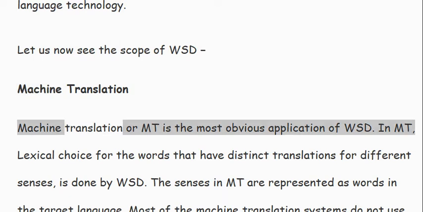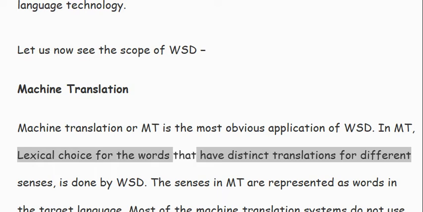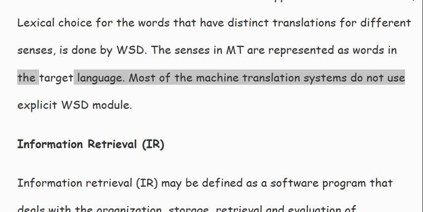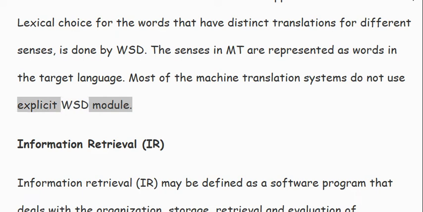Machine translation, or MT, is the most obvious application of WSD. In MT, lexical choice for the words that have distinct translations for different senses is done by WSD. The senses in MT are represented as words in the target language. Most of the machine translation systems do not use an explicit WSD module.